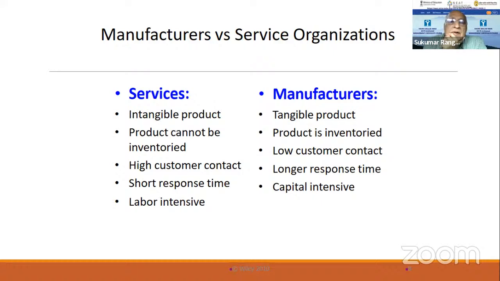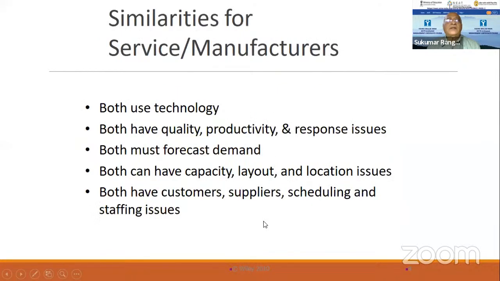So there is a short response time in services, while in manufacturing there is a longer response time. Services are a lot more labor intensive, whereas manufacturing is capital intensive, in the sense that you need a factory, you need machines, you need power, many other things for it to be produced. So this is primarily the difference between manufacturing and services.